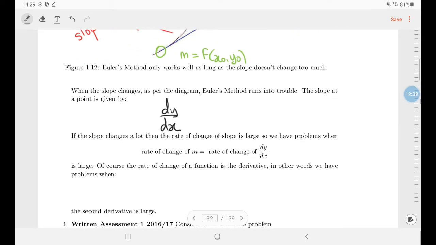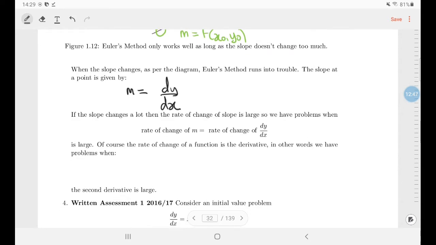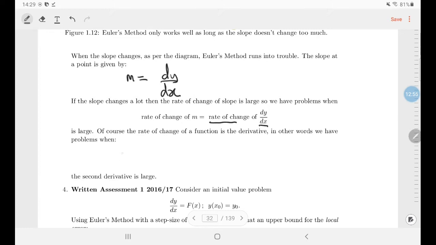So we have problems when the rate of change of slope, which is the same as the rate of change of the first derivative, is big. And the question now is, how do you get the rate of change of dy dx? And of course, the rate of change of a function is the derivative. So you have problems when the derivative of the derivative, the rate of change of the first derivative, which is the second derivative, is large.